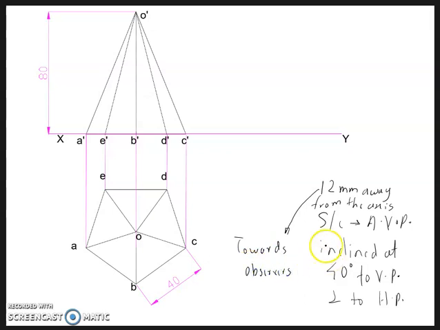So all these are various conditions that need to be satisfied. So since it is an auxiliary vertical plane, the section plane will be seen as a line in the top view. So now to construct the section plane, first taking the apex O as the center, draw a circle of radius 12 mm.